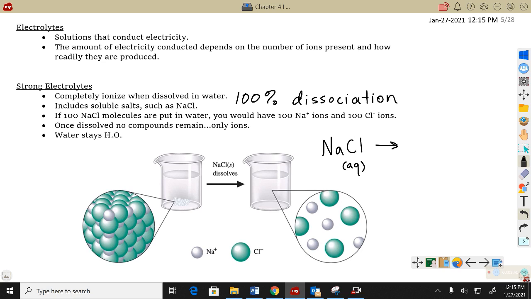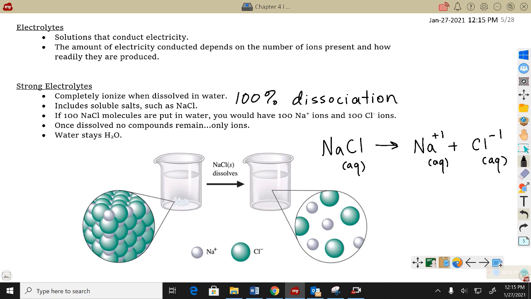It's not really like sodium chloride molecules. It's never a sodium chloride molecule. It's this giant crystal lattice of oppositely charged ions. But when I put them in water, it dissociates. So I'm really thinking about this: sodium ions and chlorine ions.